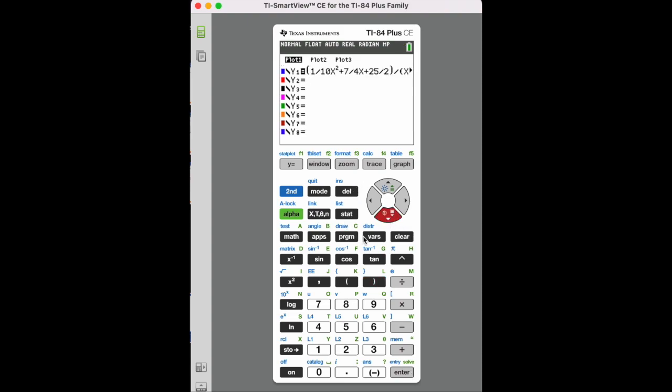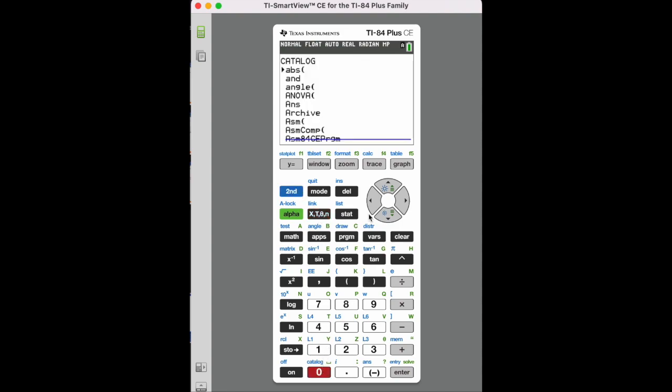Then the second piece is negative 1/4 x plus 5/2. And I'm going to tell the calculator to do that on the interval when x is greater than or equal to negative 10.